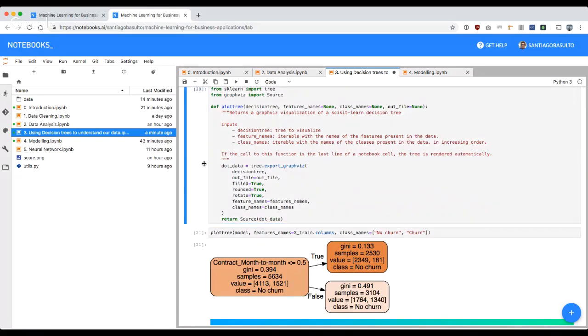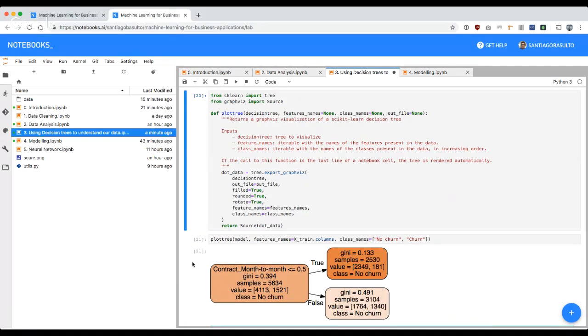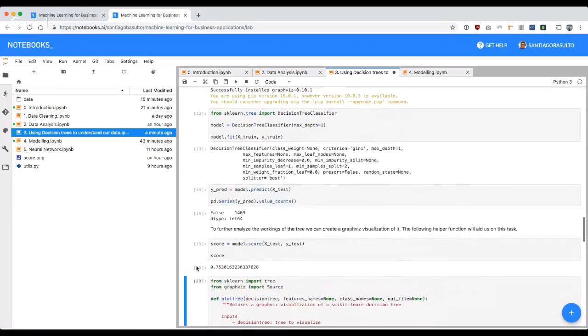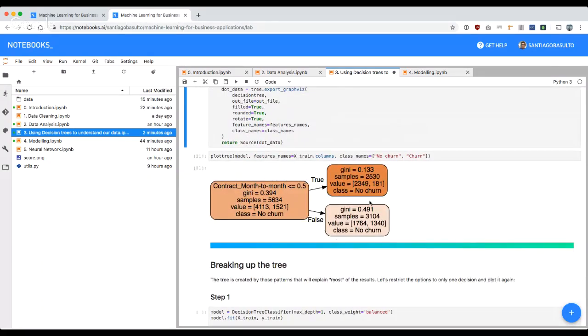What a decision tree will try to do is create a tree, plain and simple, with multiple decisions at each of those joints, because we will actually have more levels, in which a decision should be made given a certain variable. In this case, this is a highly unbalanced tree, so it seems like it's always predicting no churn. Don't worry about that yet.